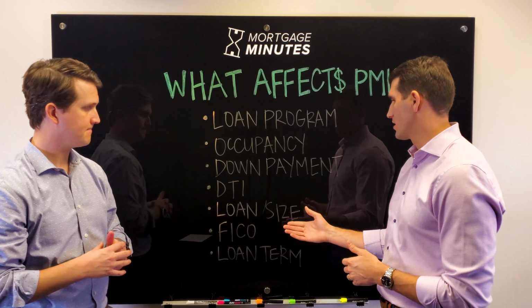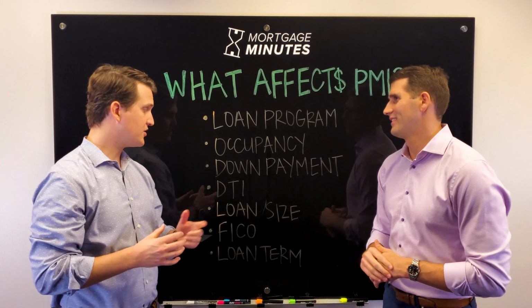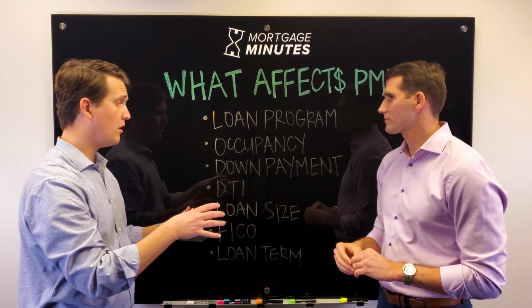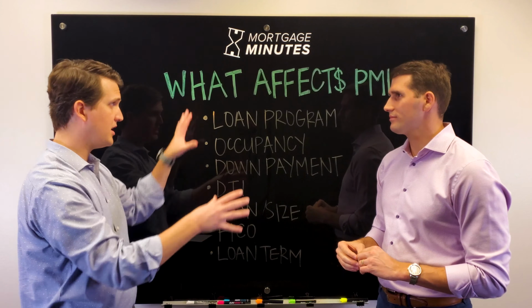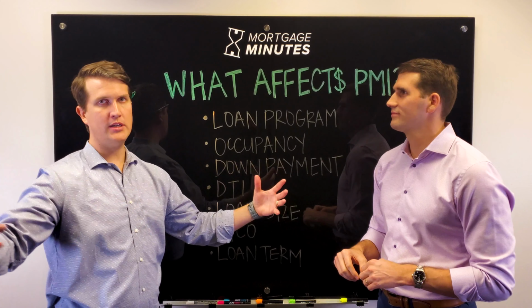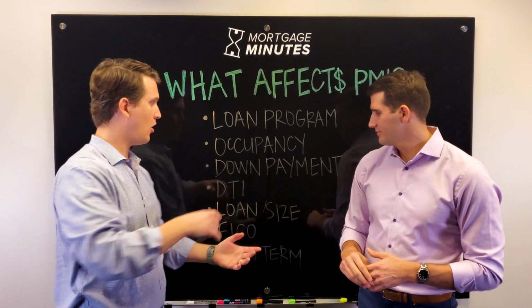And the next one we have here is loan size. So we're talking about small, medium, large. What are we talking about there? Yeah, loan size is a big one because especially for conventional loans, really for all PMI, the actual cost is going to be driven by the loan size itself. So the dollar amount. The more you're borrowing for your mortgage, the more expensive your PMI is going to get. All these other factors go into calculating what that percent is.